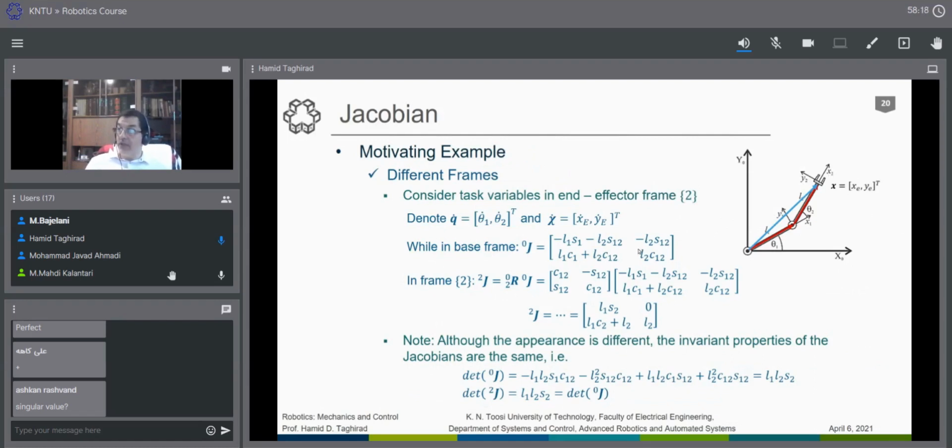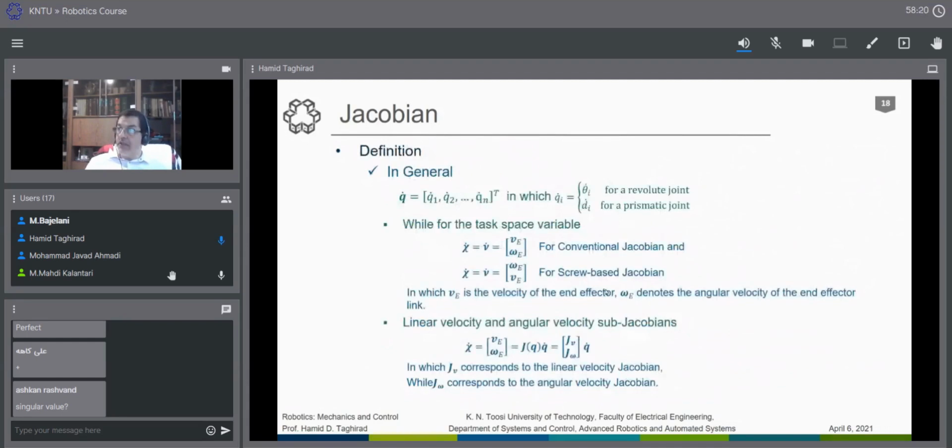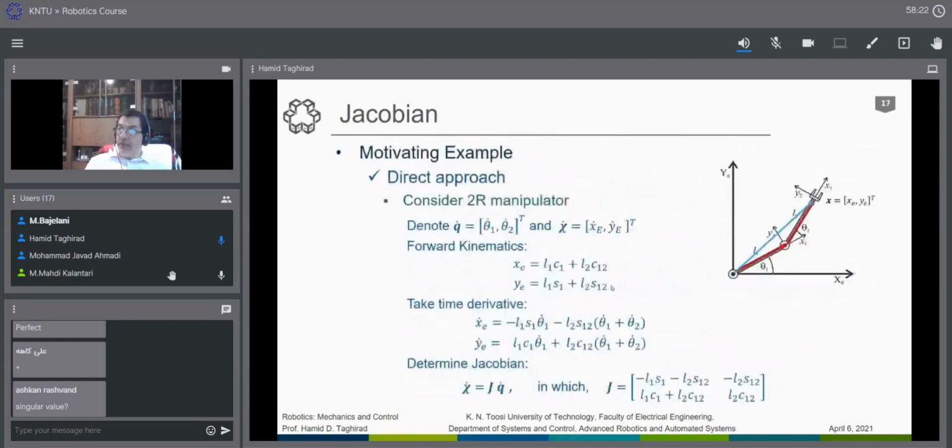The absolute velocity has a component x dot e in this way, one component here, one component here, so it has a velocity in this frame. But when you consider this velocity, you can now represent it in any frame.